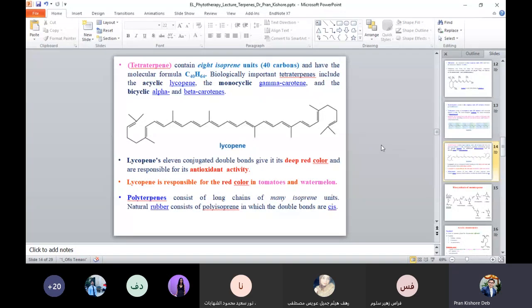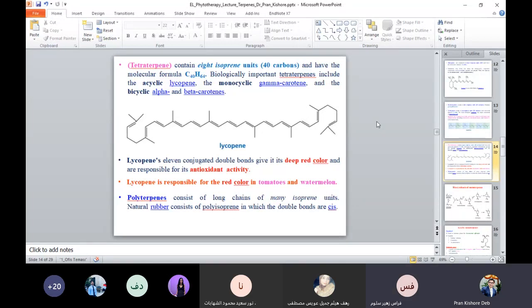Doctor, does this process need light? The biosynthesis of lycopene takes place inside. Definitely it's inside.